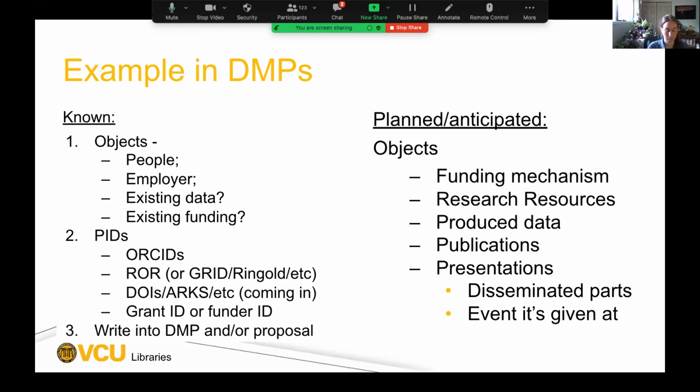If it's a DMP that goes with funding, I do a lot of funding related stuff, and so I usually assume that people do their DMPs for grants, although I know that there are a lot of DMPs that don't have grants attached.